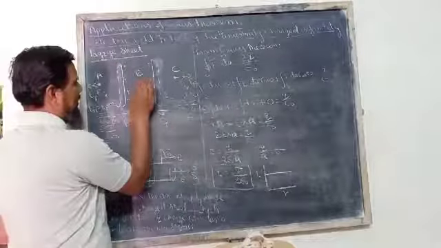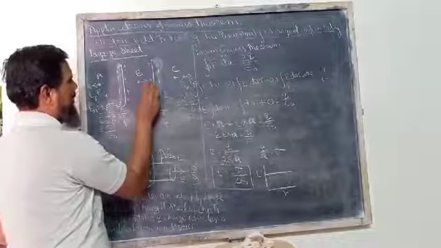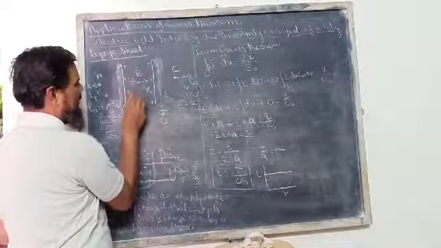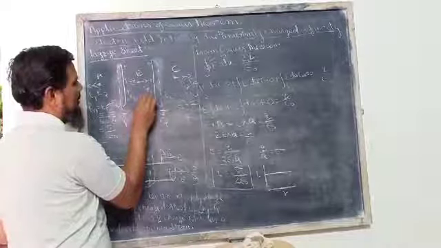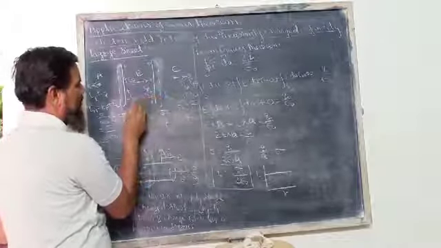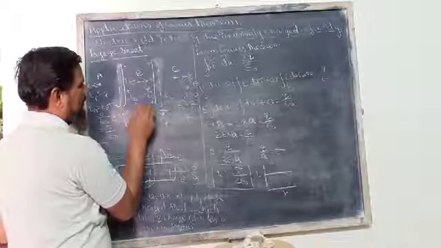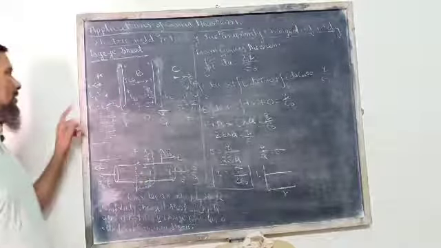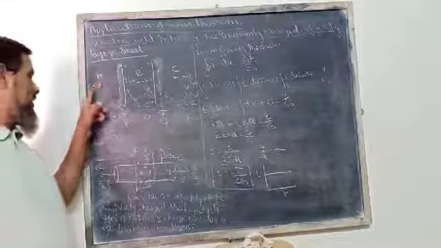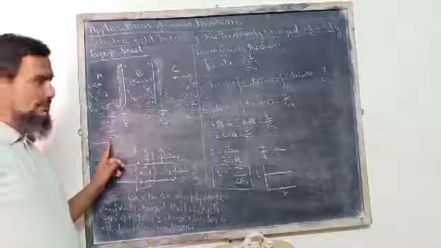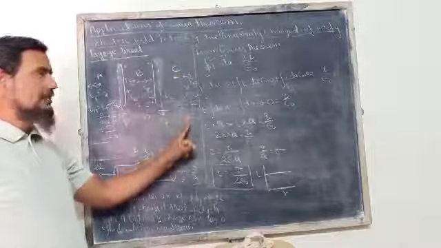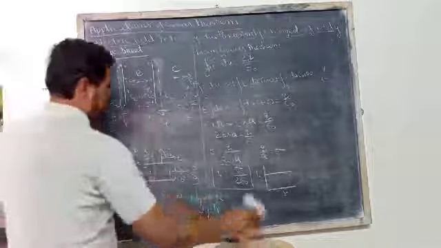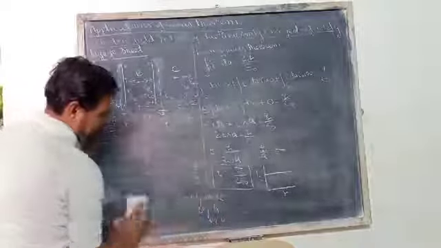And in between, this is the direction of EP and this is the direction of EQ, and the value will be EB is equal to EP minus EQ, means sigma upon 2 epsilon naught minus sigma upon 2 epsilon naught is equal to 0. So at point A, the electric field intensity will be sigma upon epsilon naught. At this point, the electric field intensity will be sigma upon epsilon naught, and between the plates it will be 0.